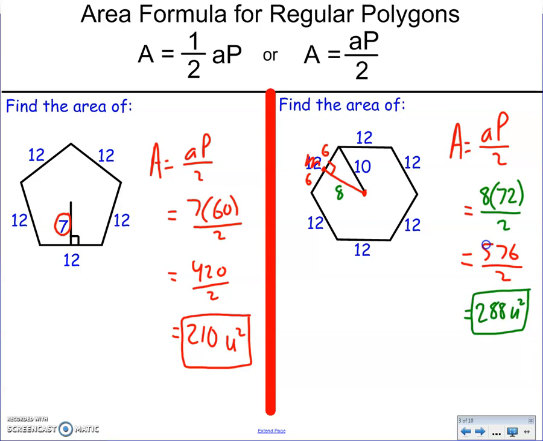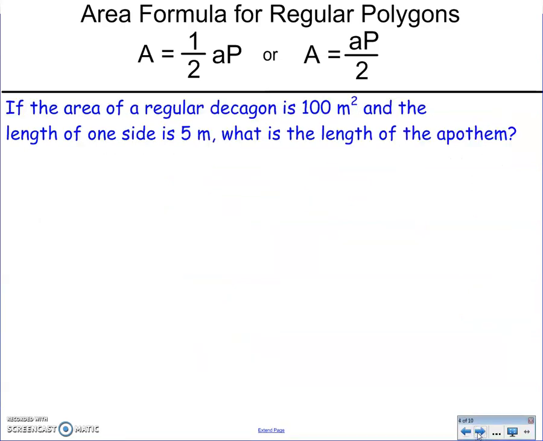Alright, like the previous area problems, we can work backwards. They might give you a word problem. If the area of a regular decagon is 100 meters squared and the length of one side is 5, what's the length of the apothem? You can draw the picture, you don't have to. Just write the formula, fill it out, and solve correctly. They give us 100 meters squared, so 100 goes here. The apothem is missing. The perimeter, they gave us one side is 5, but this is a regular shape.